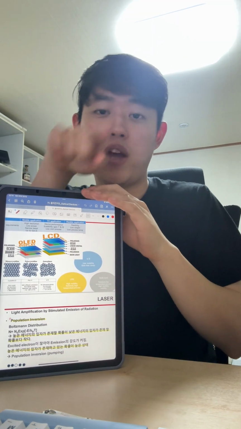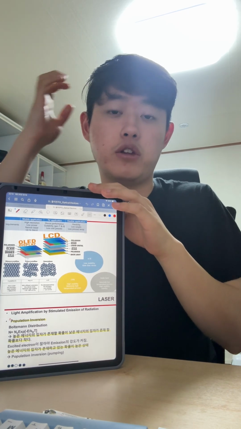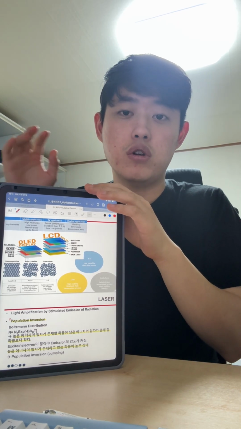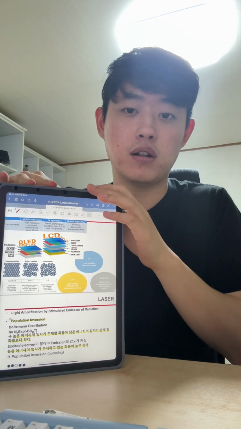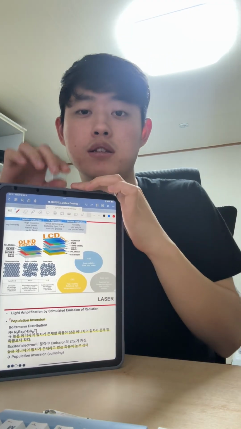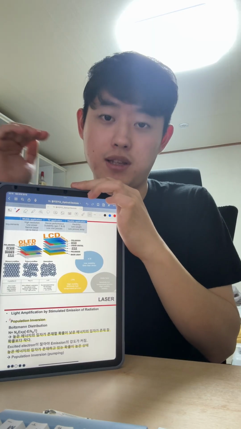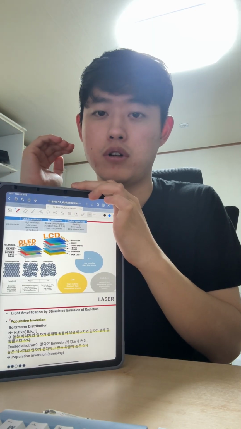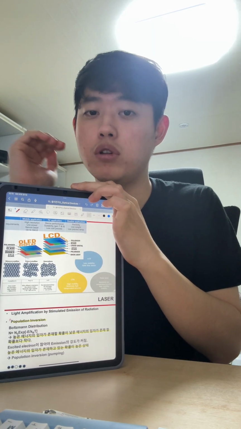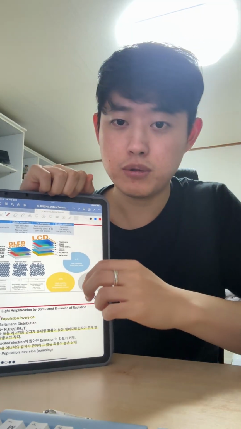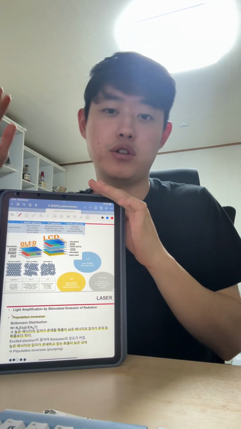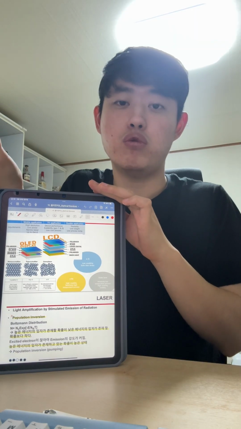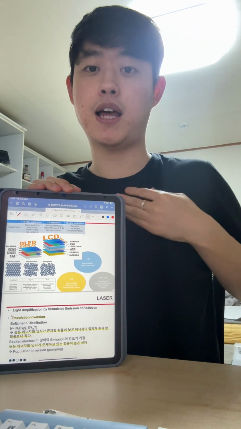So this is not matching, so it is very difficult to grow silicon on the glass panel. But OLED is made of polymer, not polycrystalline, so it can be very easy to grow on the glass panel.